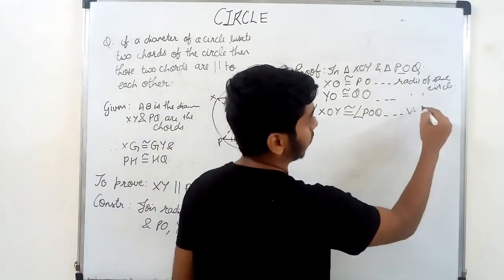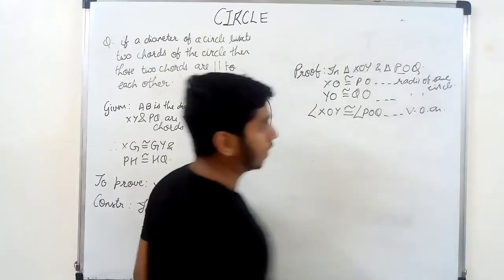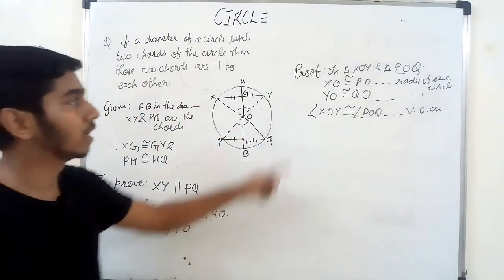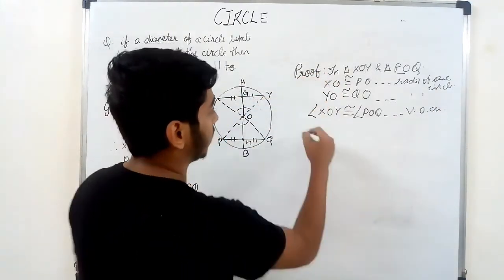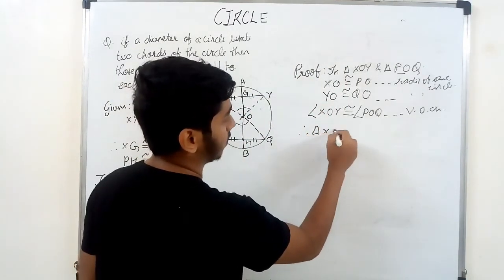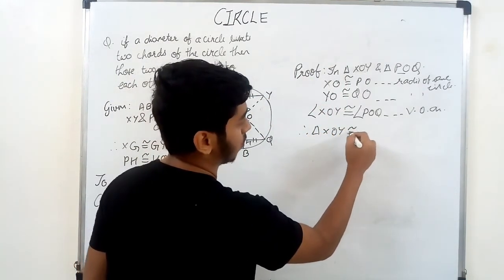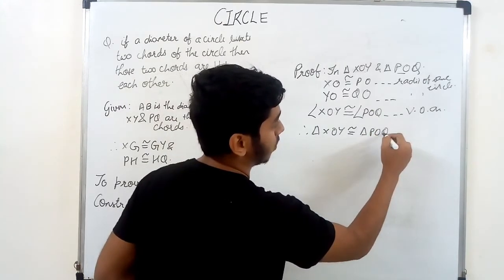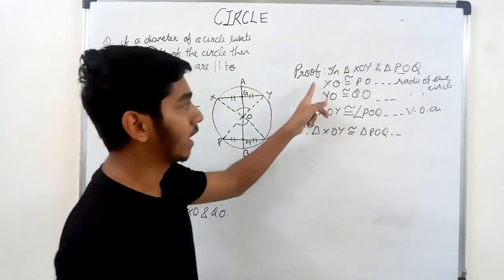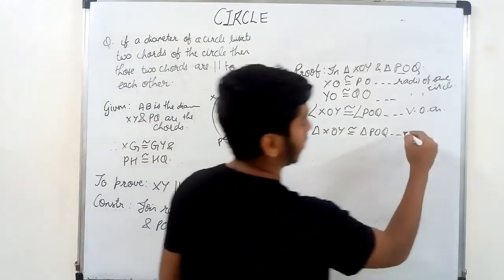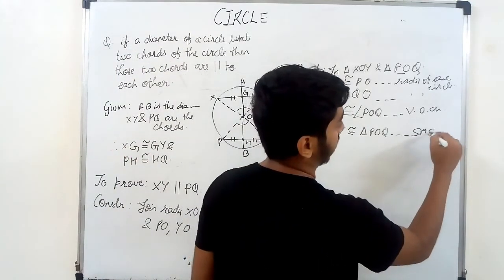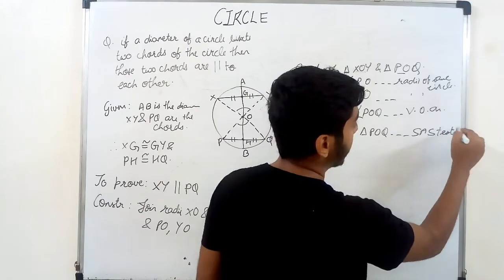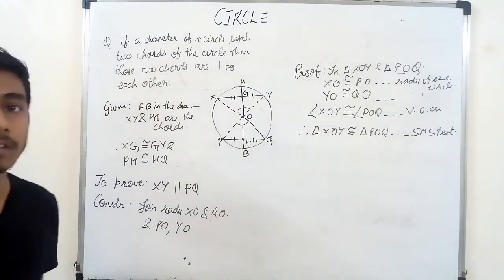So we'll say vertically opposite angles here. Now we have proved that, therefore we'll say triangle XOY is congruent to triangle POQ. The reason for this will be the SAS test. So by SAS test.